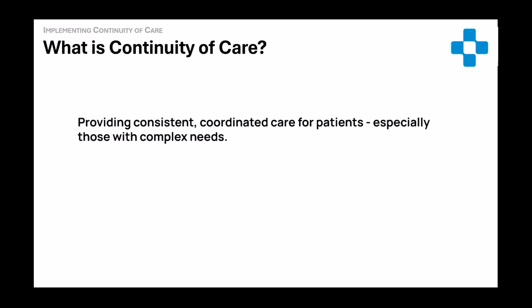So with your continuity of care, one of the most common misconceptions is that continuity of care is about prioritizing certain patients over others, but it's really not that at all. It is about prioritizing the continuity of that patient's care where it makes a meaningful difference. So we're not saying that one patient is more important than the other.